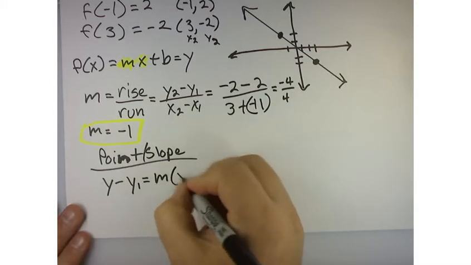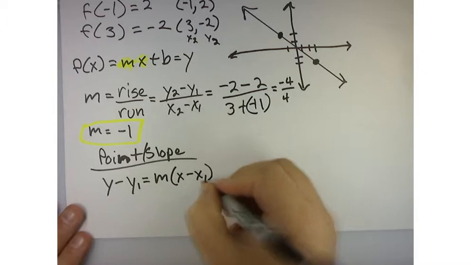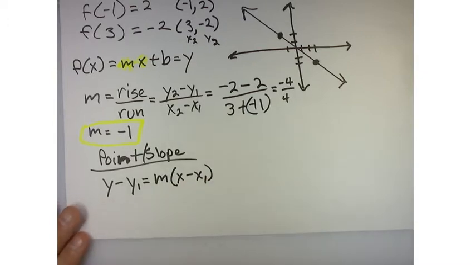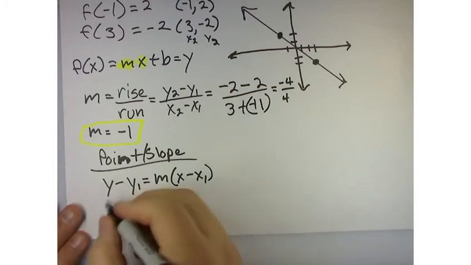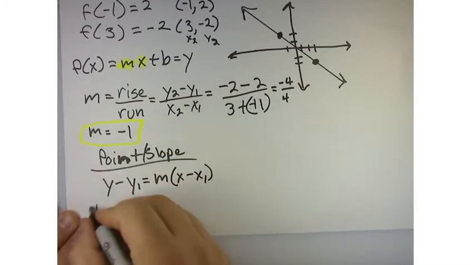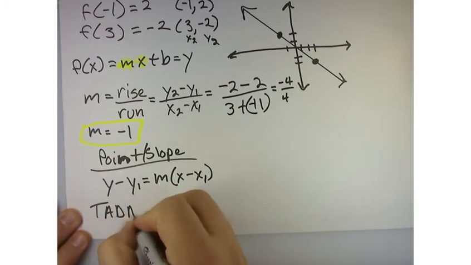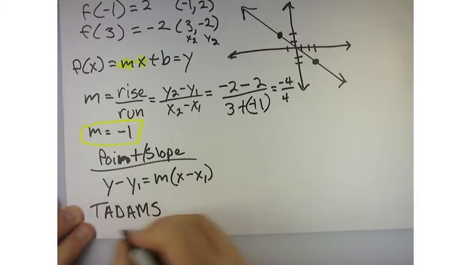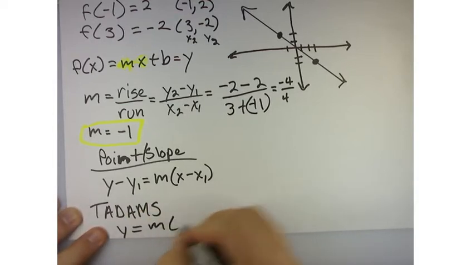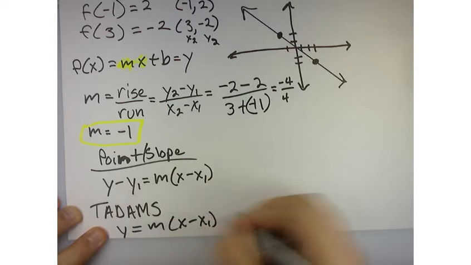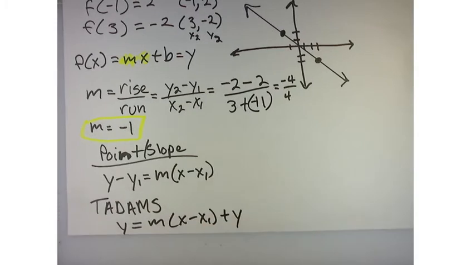Y minus y1 equals m times x minus x1. Okay, now you know what Mr. Adams does, and you'll see me do this a lot. We're always going to solve for y. Always. So the Mr. Adams point slope form looks like this. Y equals m times x minus x sub 1 plus y sub 1. I always do it that way because it cuts out one step for Mr. Adams.